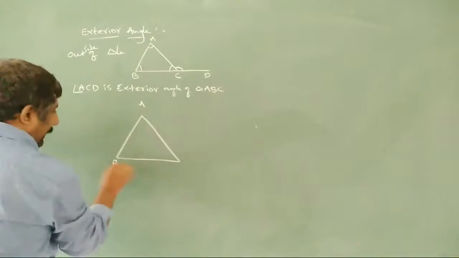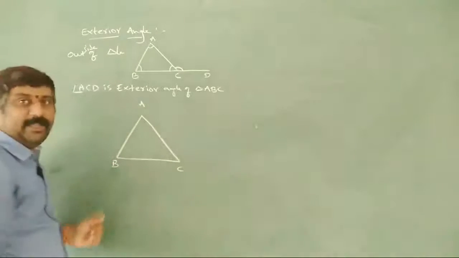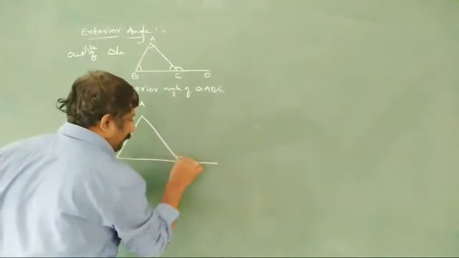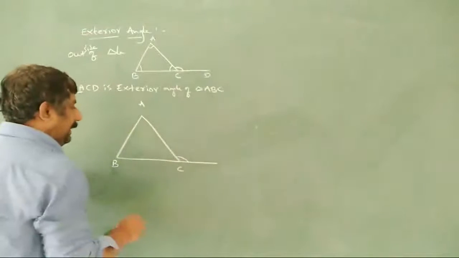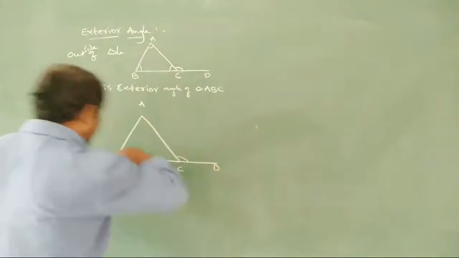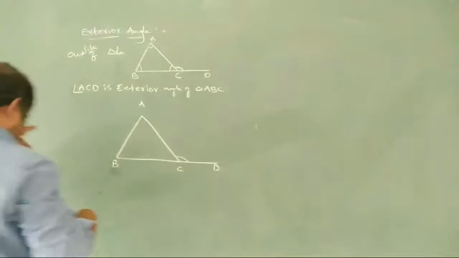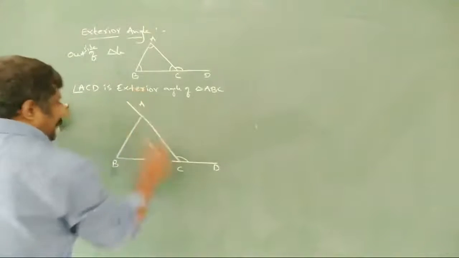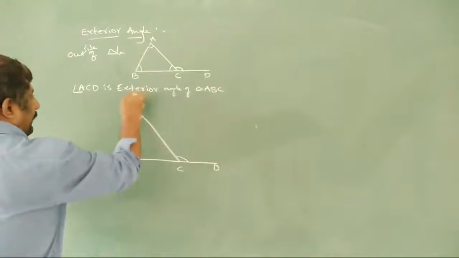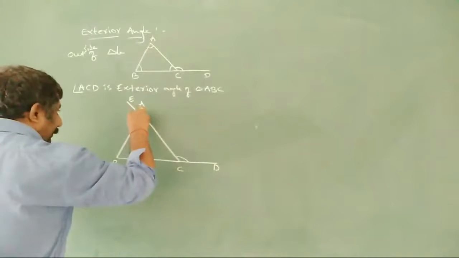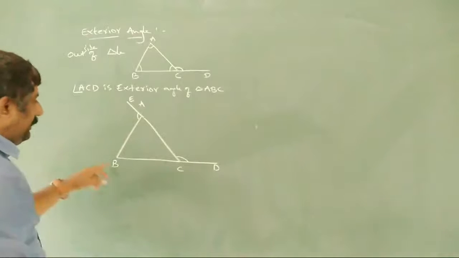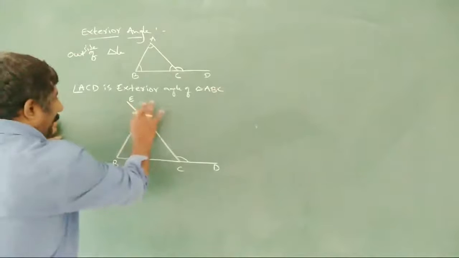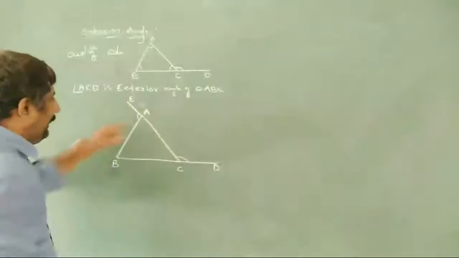Taking a triangle ABC, now we'll see how many exterior angles are forming here. Just extending here, it is giving angle ACD. Next, extending CA, this is E, the angle forming here is BAE.